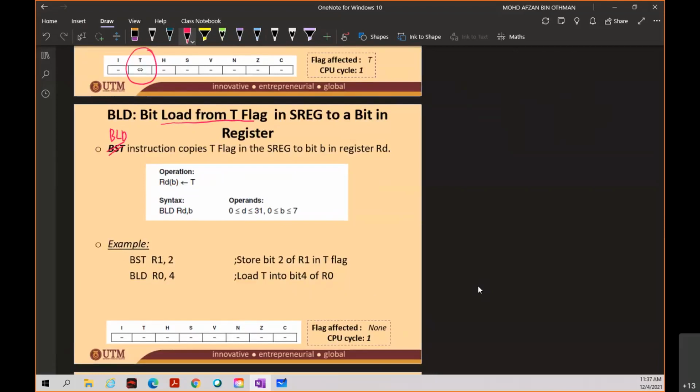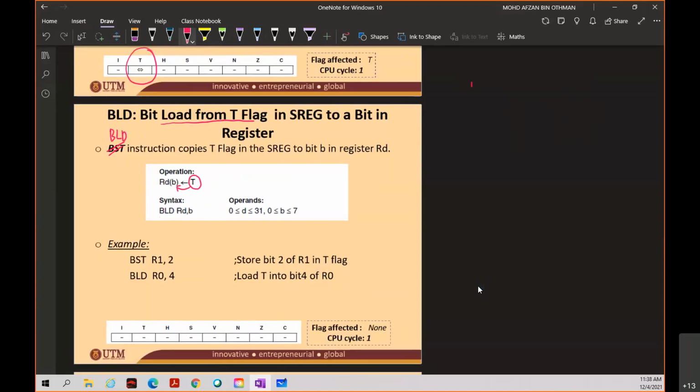Whatever your T flag value is, you copy that value and put it into the specific bit of your destination register. This is the syntax, BLD Rd, b, in which Rd can be from R0 to R31, while b is from bit 0 to bit 7.